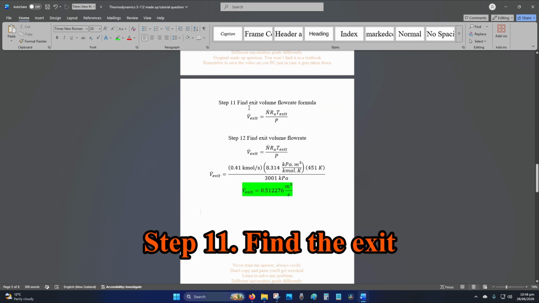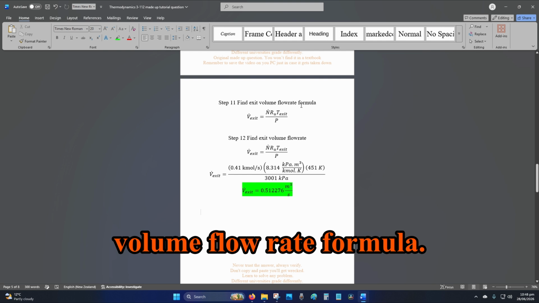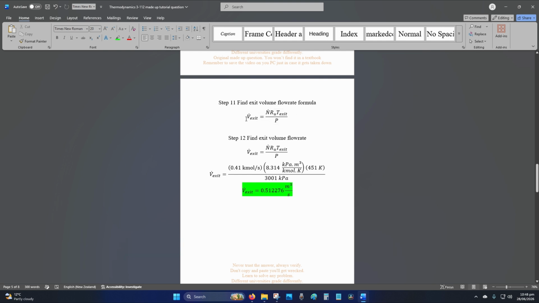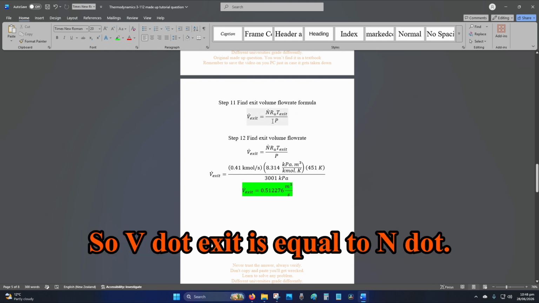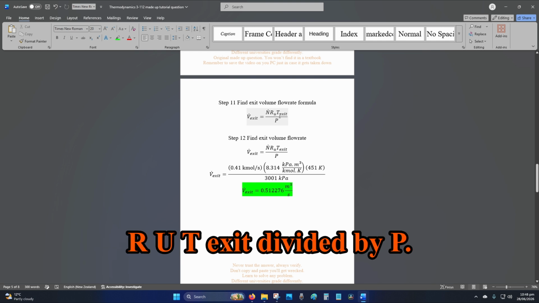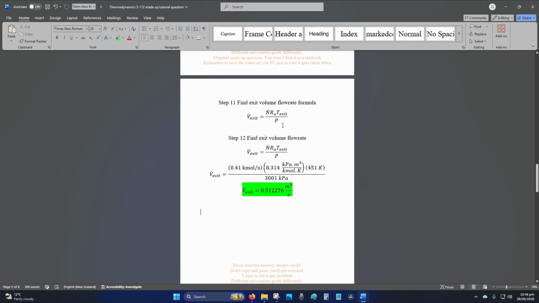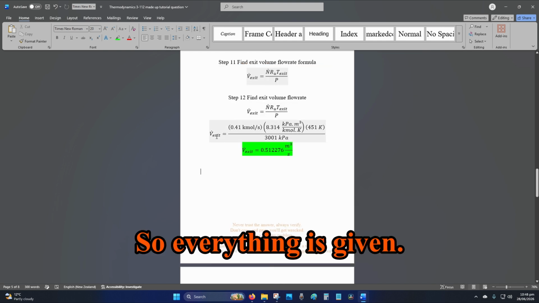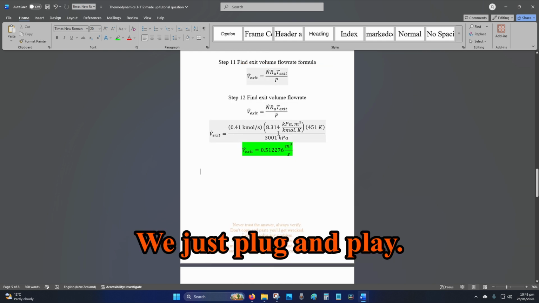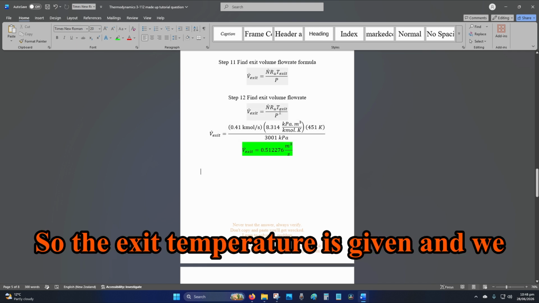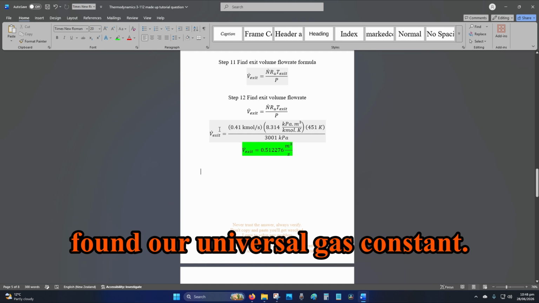Step 11, find the exit volume flow rate formula. So V dot exit is equal to N dot RU T exit divided by P. Everything is given, we just plug and play. The exit temperature is given, and we found our universal gas constant.